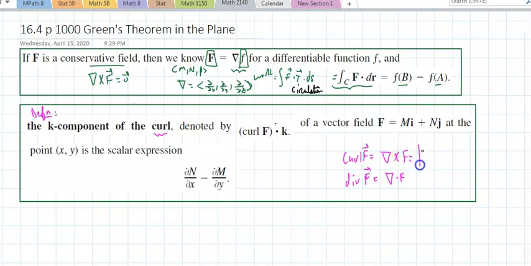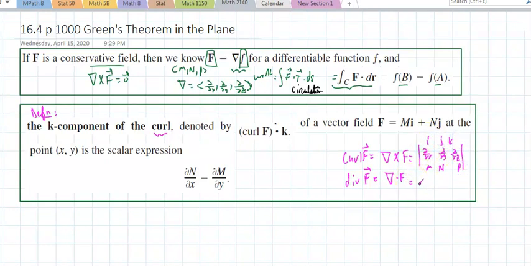So this is the partial with respect to x, the partial with respect to y, the partial with respect to z of F, and F is normally M, N, and P if it's 3 dimensions.